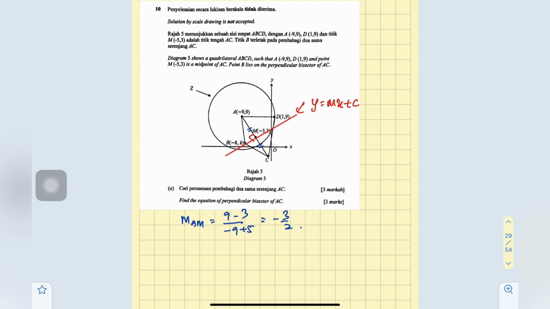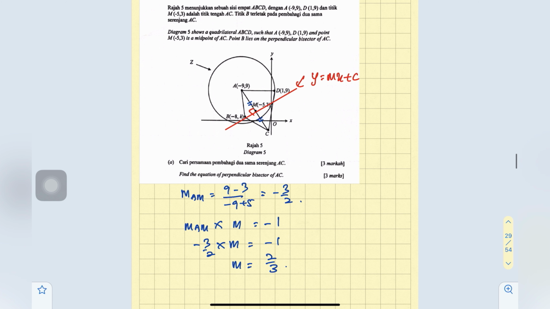Okay, so since dia perpendicular, so ada M1 M2 equals negative 1 lah, ataupun M AM darab M yang kita nak cari tu equals to negative 1. So now we have negative 3 over 2 times M equals to negative 1. So dapatlah M equals to 2 over 3.